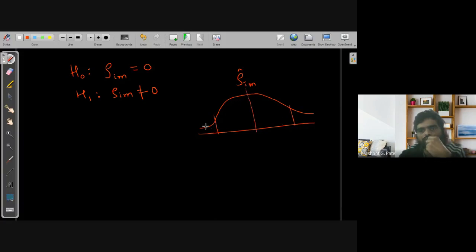This portion is alpha by 2, the critical value, and this is also alpha by 2. This is z alpha by 2, and values beyond it will lead to rejection. So a test statistic can be formed, that is Z0, which is rho im cap upon sigma rho im.